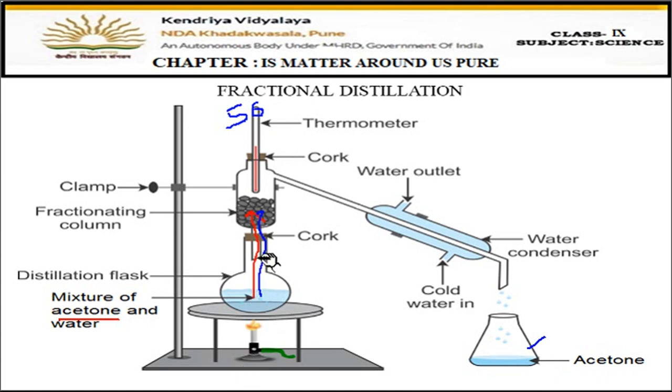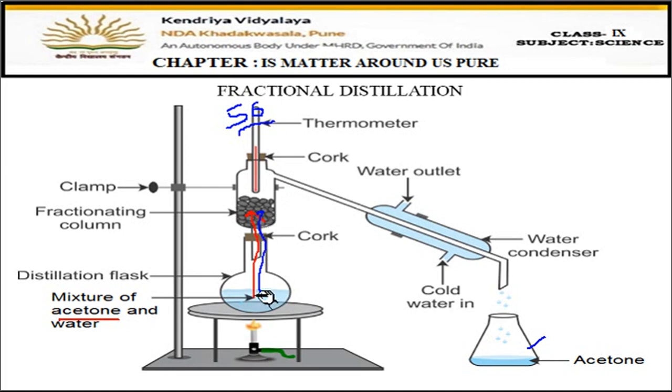The vapors of acetone, because their temperature has reached, will directly cross the fractionating column. But the vapors of water, because their temperature has not been reached, will strike the fractionating column, and these beads are a little cool.